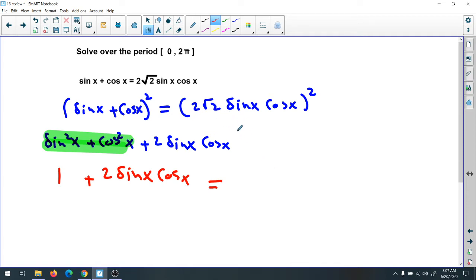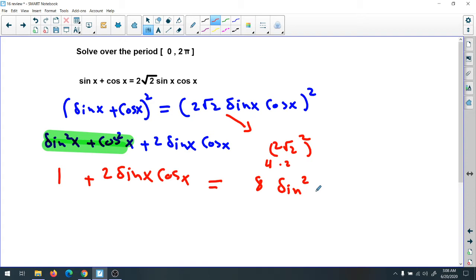Square the right side. So square 2 square root of 2. When we square 2 it will be 4, and when we square radical 2 it will be 2. 2 times 4 is 8. And square sine x will be sine squared of x.